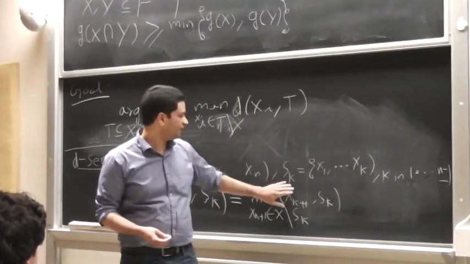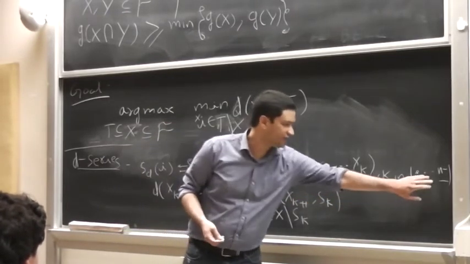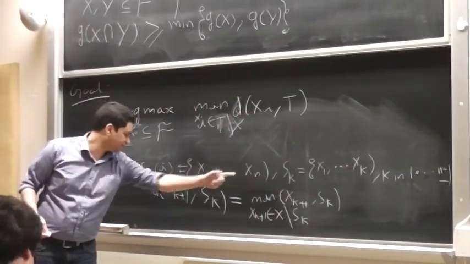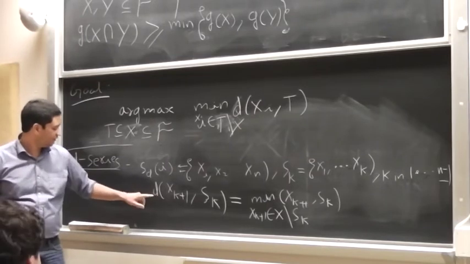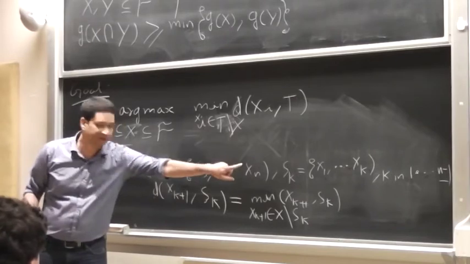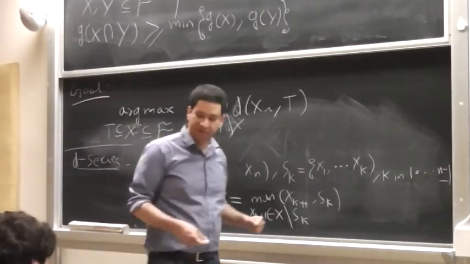S_k is another starting set, which goes from 1 to k, where k goes from 1 to n minus 1. Since the first element is defined, to define the rest of the elements, x_{k+1}, you measure this amount that you get from d of x_{k+1} to the starting set, based on whatever k you're going with. So I'll do an example that will make things even clearer.